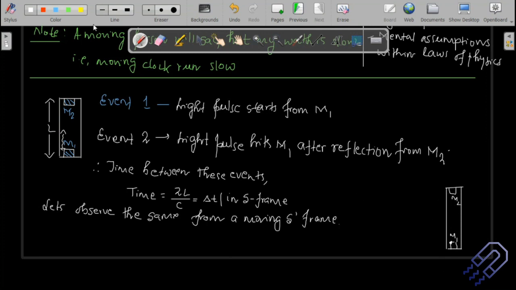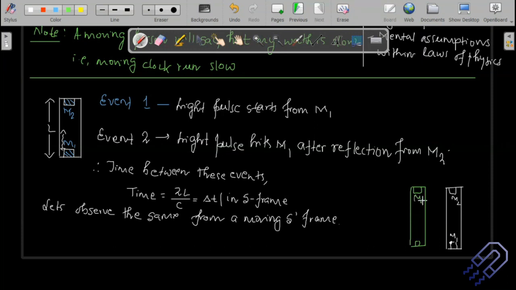It moves to a new position. Let me draw it with a new color maybe. So by the time the light pulse reaches M2, this frame is moving.